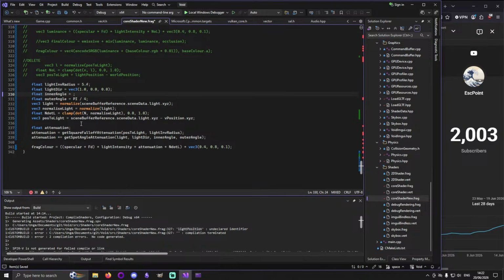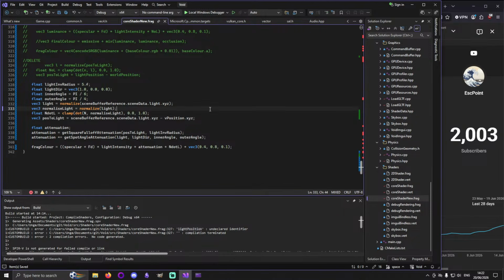The inner angle, I have no clue. So obviously it's going to be less than that. If I did 8, that would be, I don't know, whatever half of 45 is, 22 and a half. That seems too small, so I'm going to go with something like pi over 6.